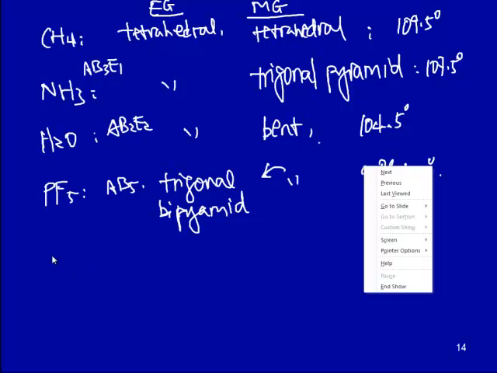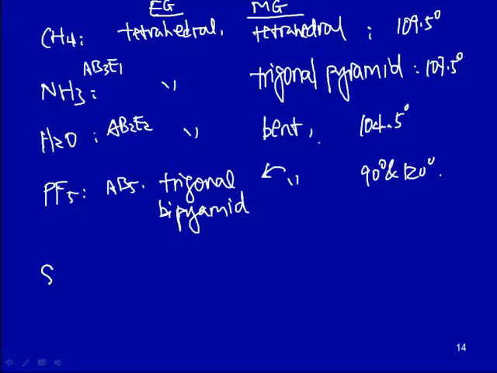But if you have SF4, for instance, long story short, you have S, F, F, F, F, and you have a pair of electrons on that. So this one will be AB4E1. The electron group geometry for this is still trigonal bipyramid.